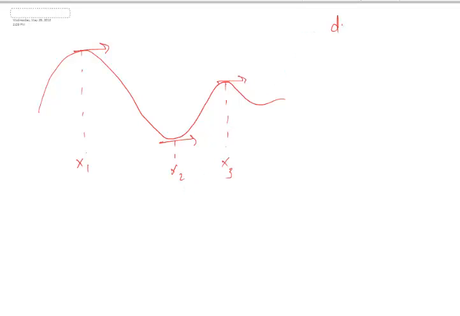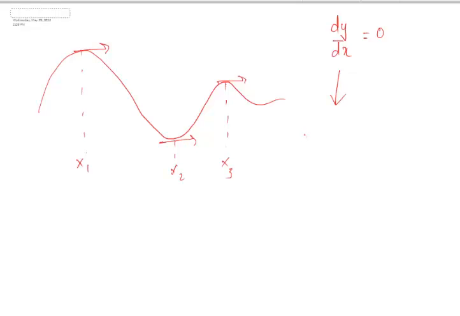So the equation dy by dx will give you x1, x2, x3 and other points at which dy by dx is 0, or the slope of the tangent is 0, or there is a maxima or minima. But now we have to devise another mathematical tool to figure out whether there will be a maxima or minima at a point.